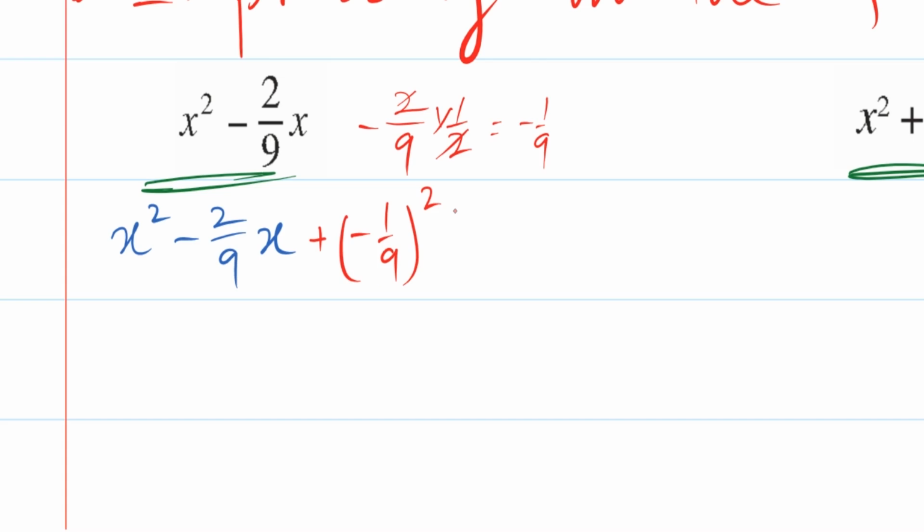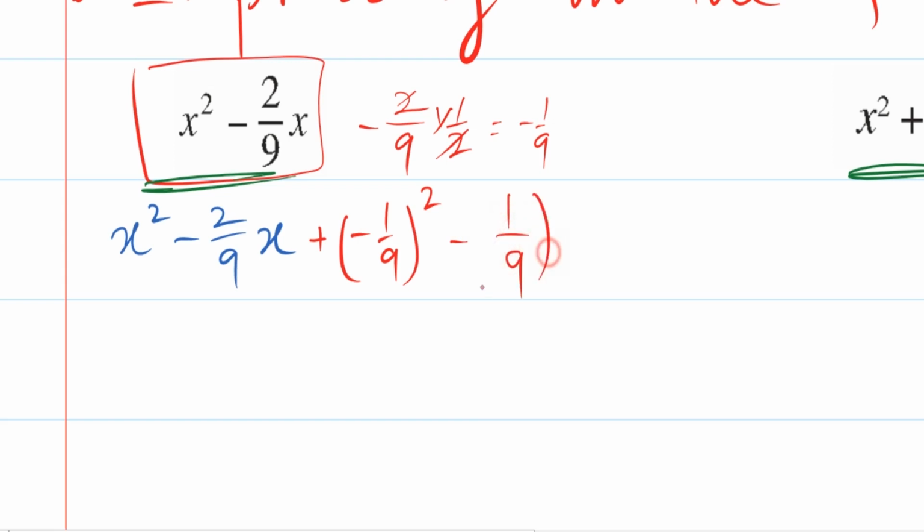I repeat again, to make this expression x square minus 2 over 9x a perfect square, I will add and subtract the square of half of the coefficient of x, which in this case is minus 1 over 9. So I have added, so I have to subtract that one.